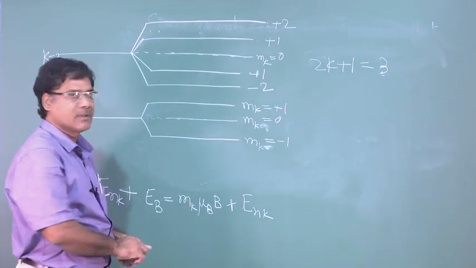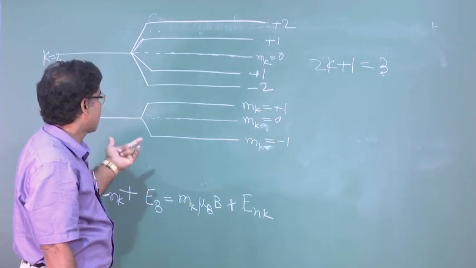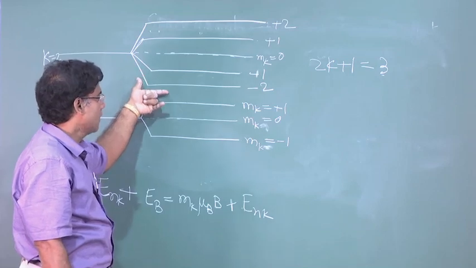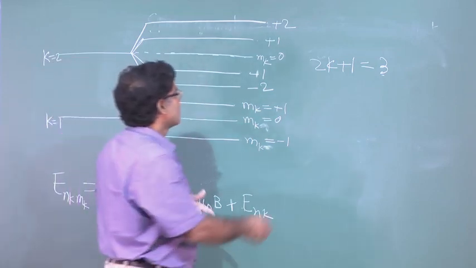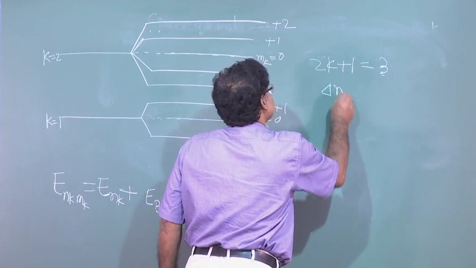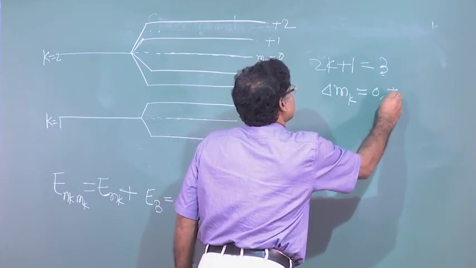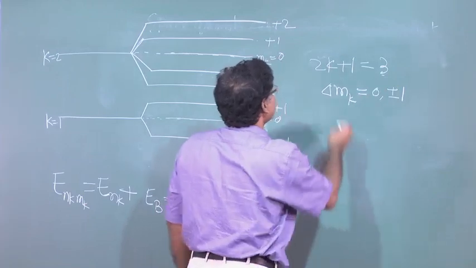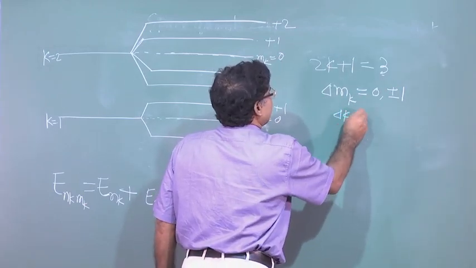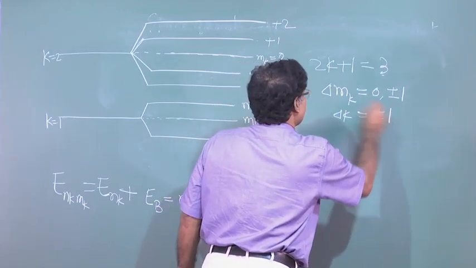Now there will be transitions, and here also a selection rule is considered: delta m k equal to 0, plus or minus 1, and delta k equal to plus or minus 1.